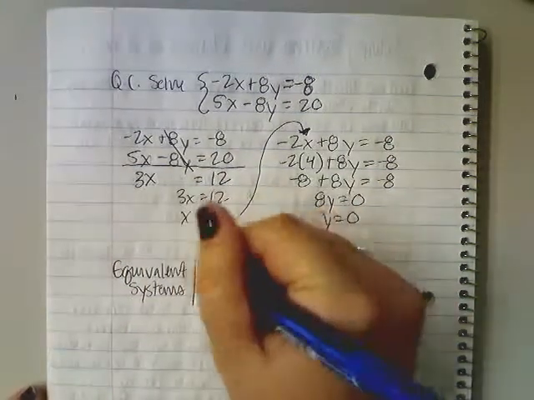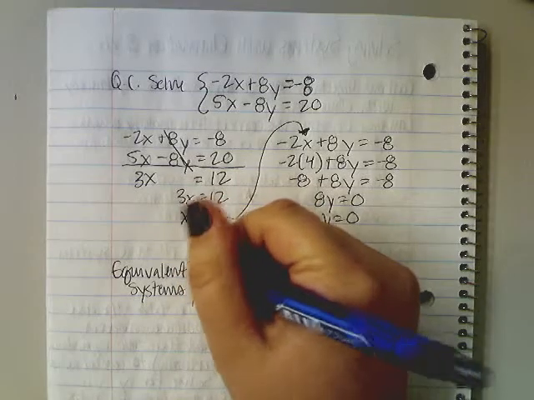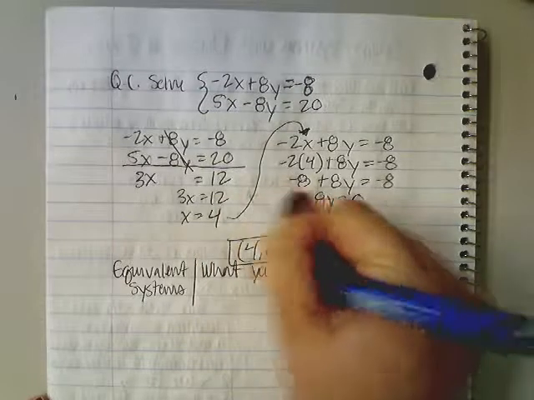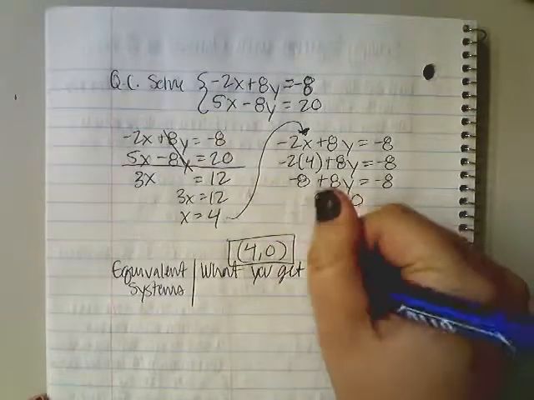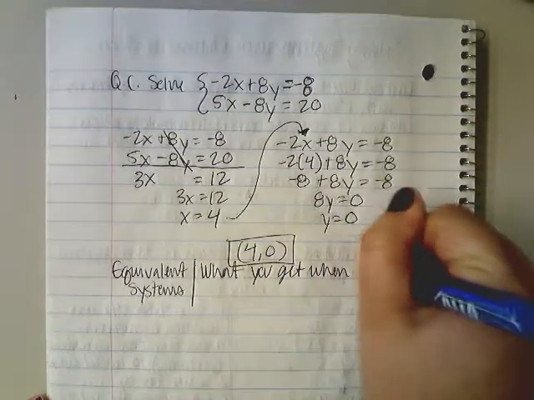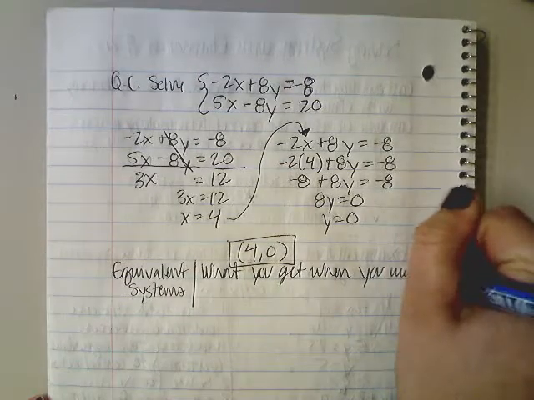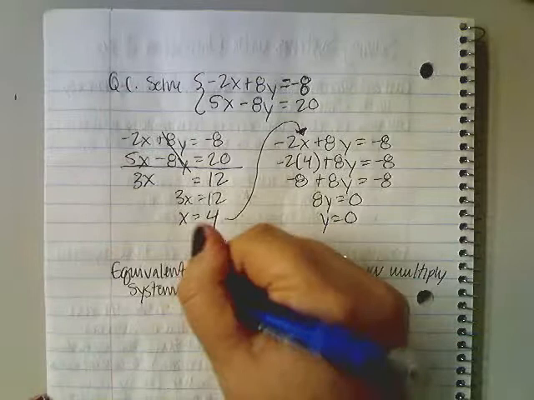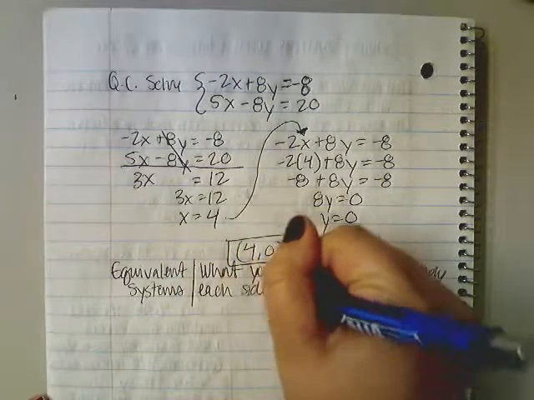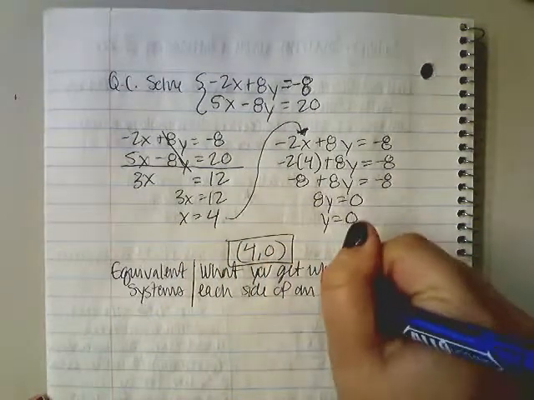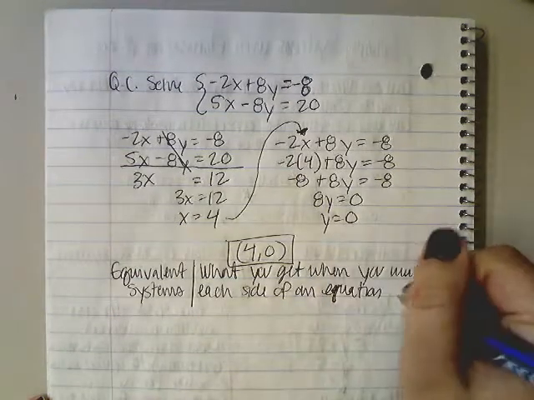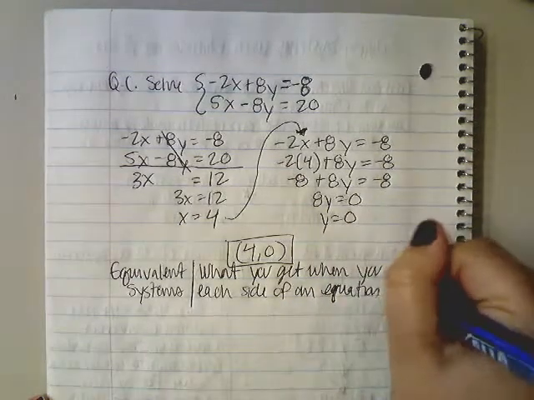Equivalent equations are what you get when you multiply each side of an equation by the same non-zero number.